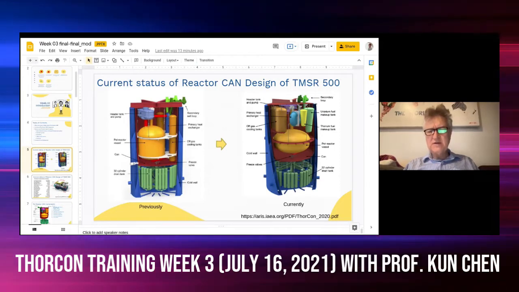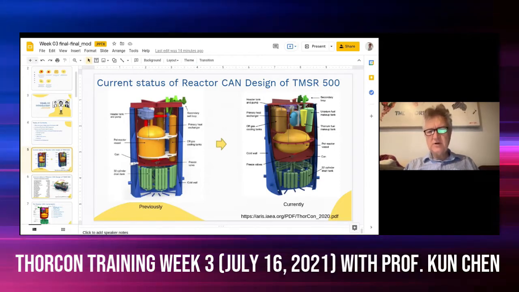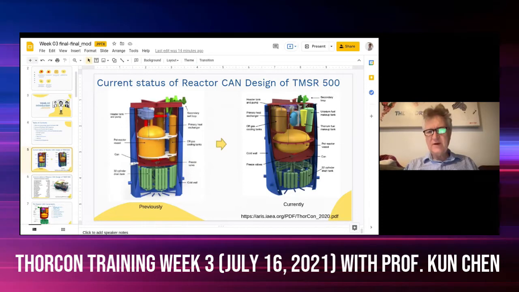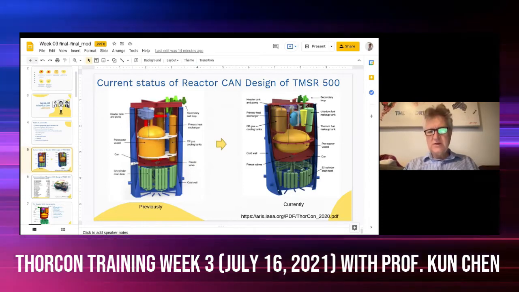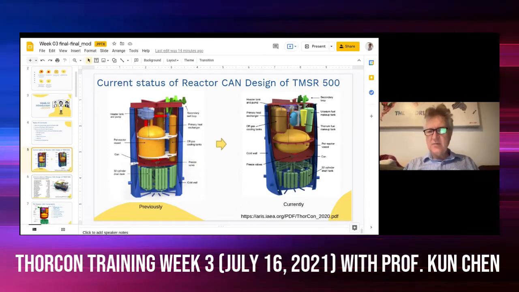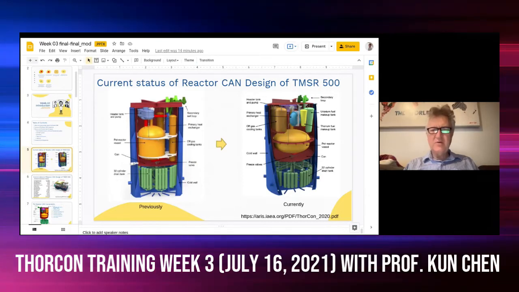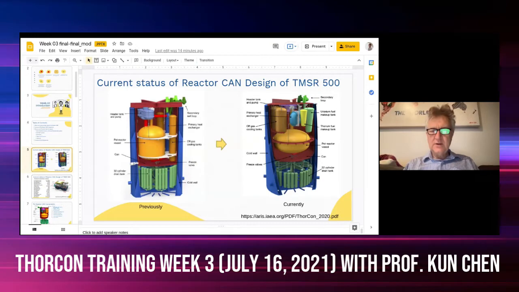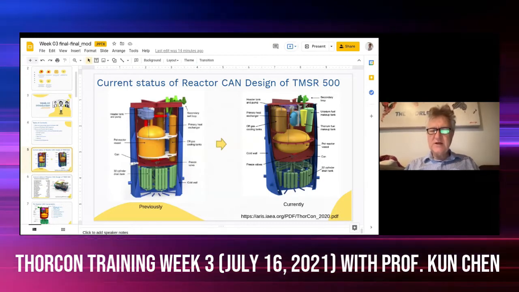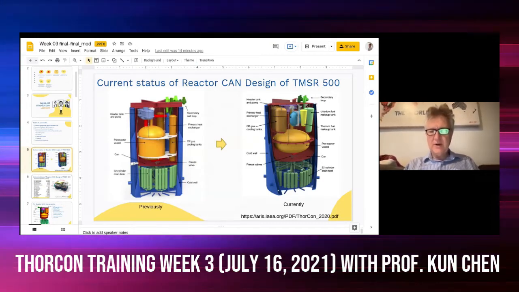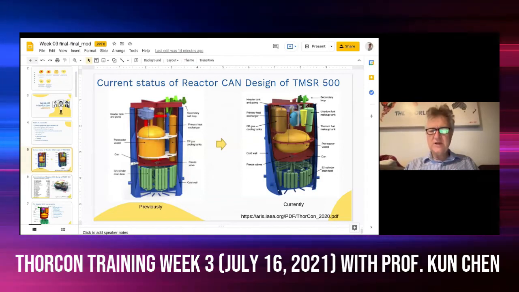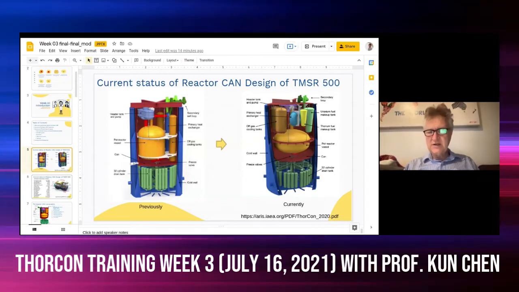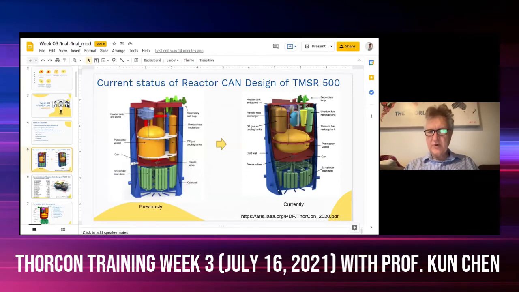The details inside the core are still being resolved as we're working with the graphite vendors to see what they can really manufacture in the volumes we need. But the differences are details in the graphite manufacturing process. So we've settled down pretty much on the shape of the core.